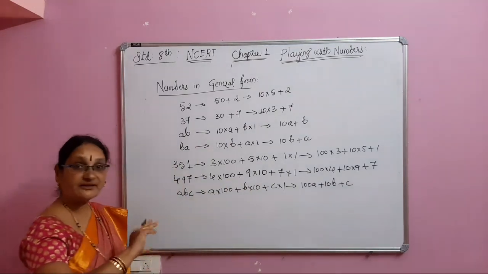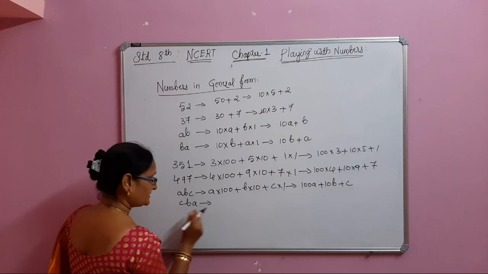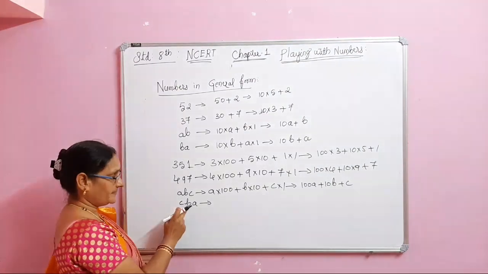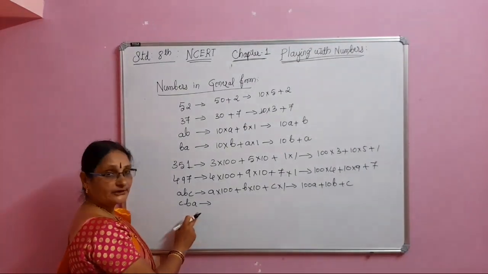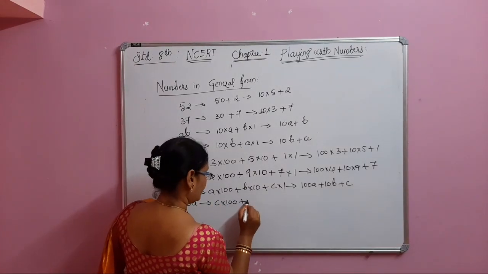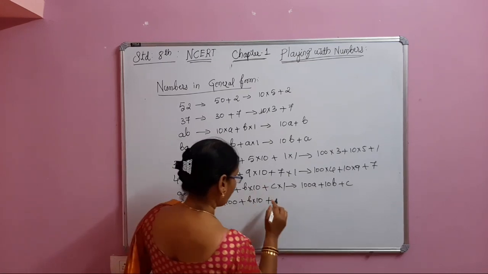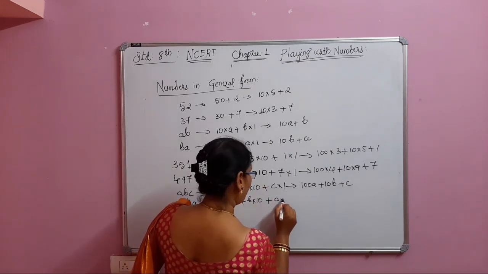Now suppose I reverse it, what happens? CBA. That means now C is in the hundreds place, B is in the tens place, A is in the units place. So C into 100 plus B into 10 plus A into 1.